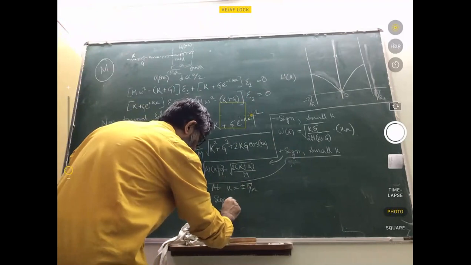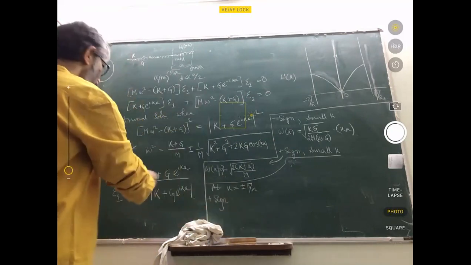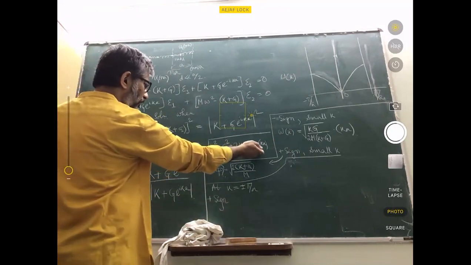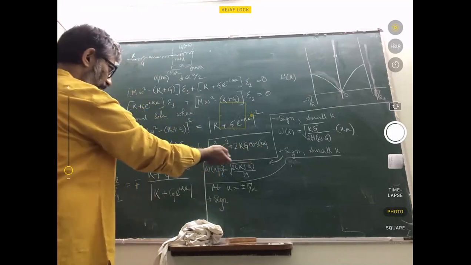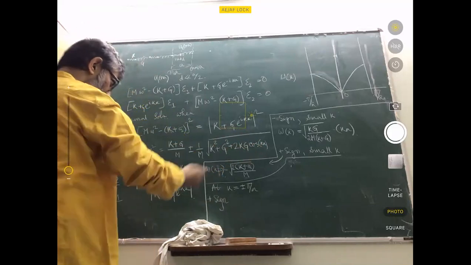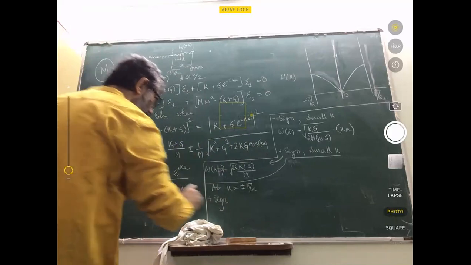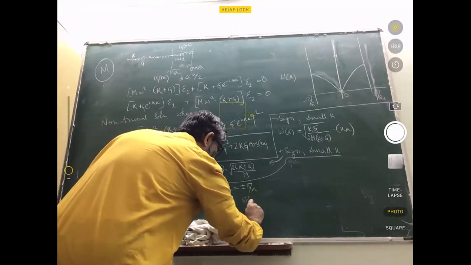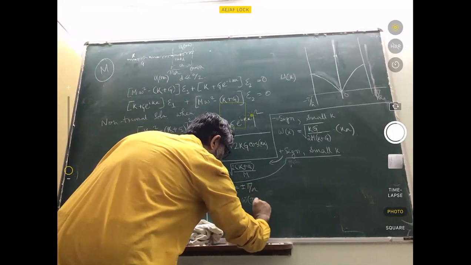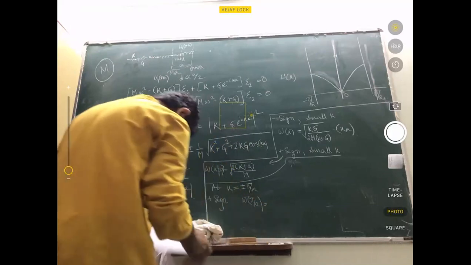Okay, so this one, again, you just put in the value here, and then you manipulate these terms. So this will give you omega at k equal to pi by a.